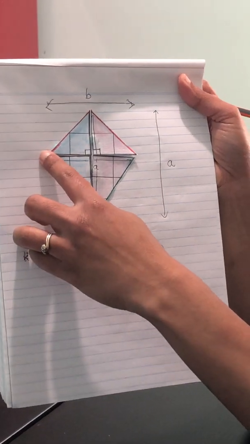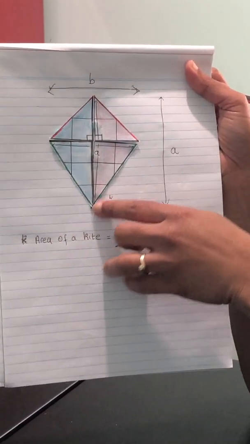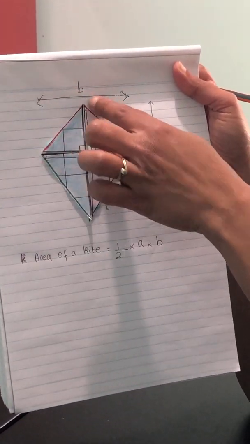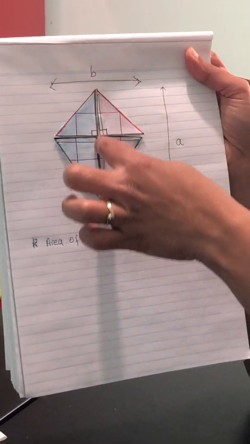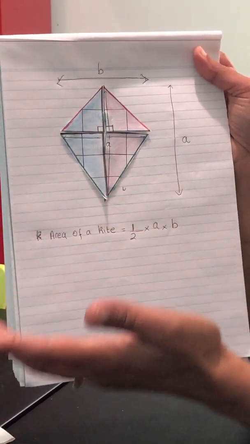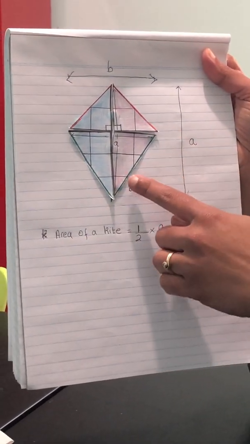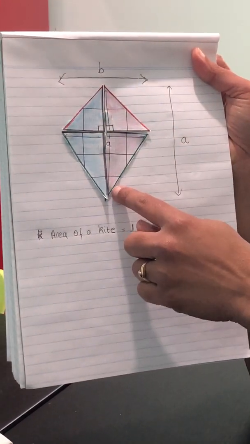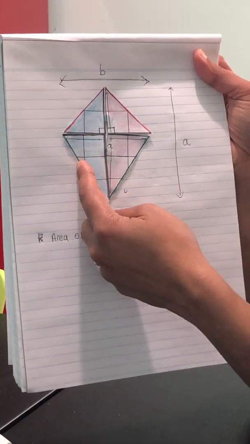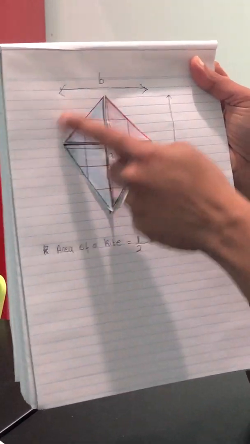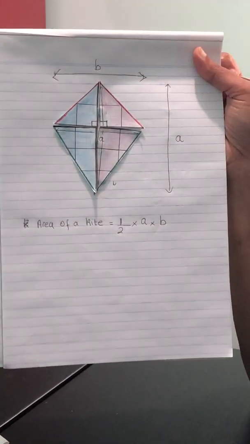Why? Because the green side matches this green side, the pink side matches the pink side, and the middle line over here along A is common to both triangles. That tells us that if we can find the area of either the pink triangle or the blue triangle, we can double it, and that would be the area of our kite.